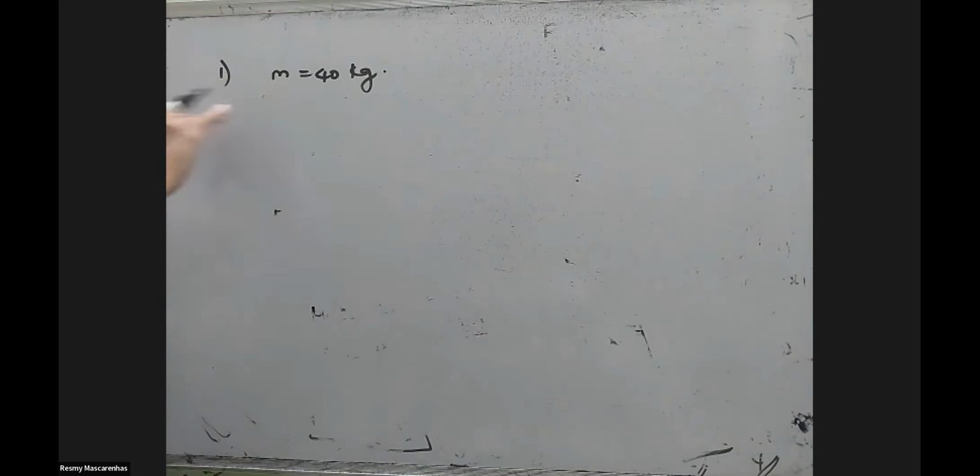The mass it has to support is given as 40 kg. Cross-sectional area means the area which is in contact.